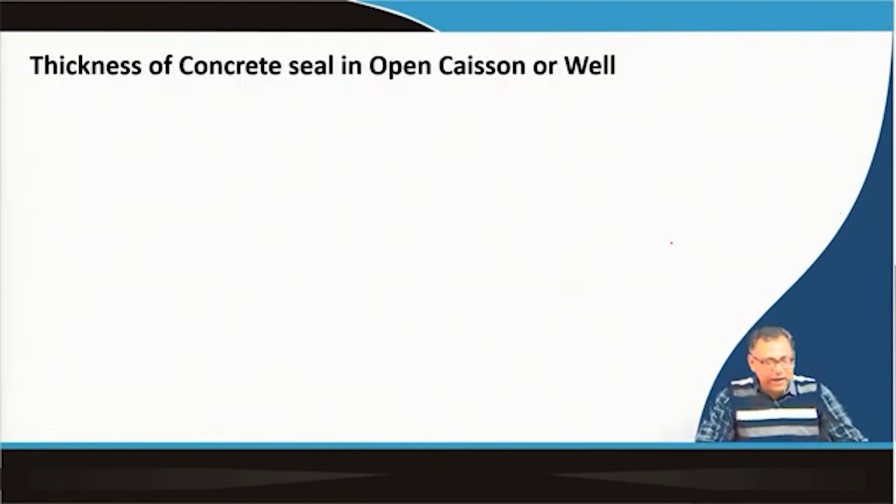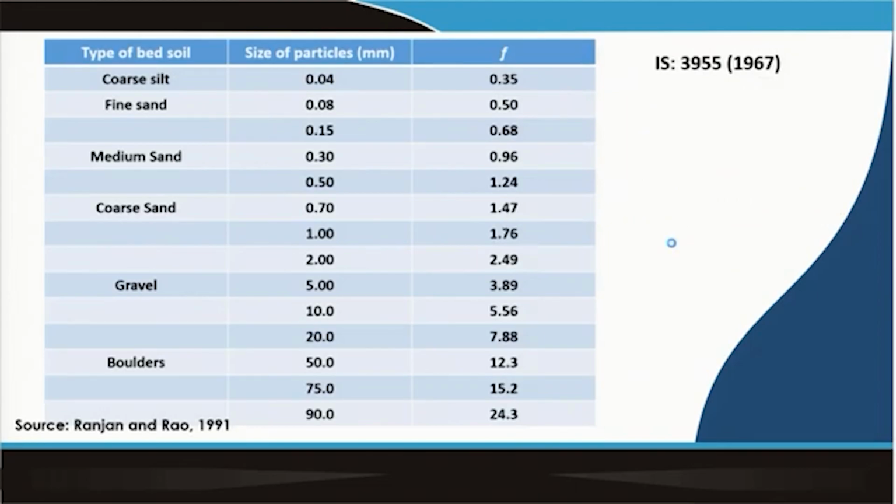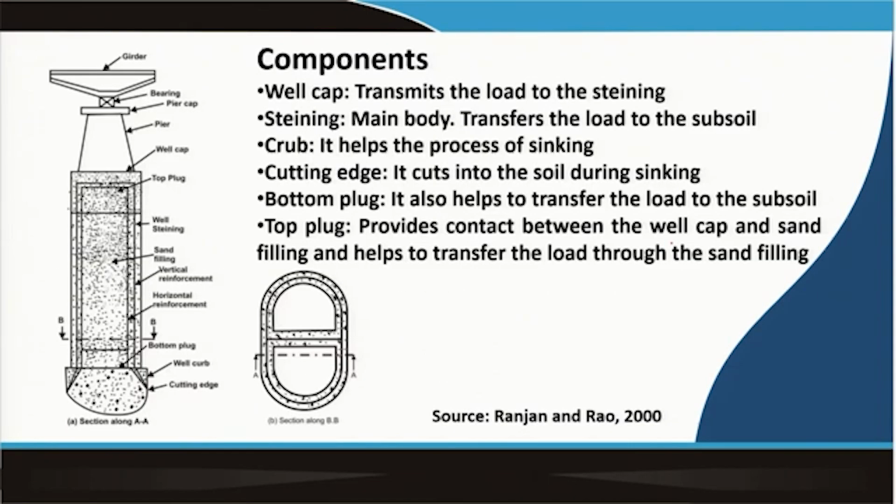In the next class I will discuss what will be the thickness of the concrete seal in an open caisson or well. If you see one particular cross section of a caisson, the construction technique I have discussed is that once it has reached the bearing strata, the concreting is done under water.